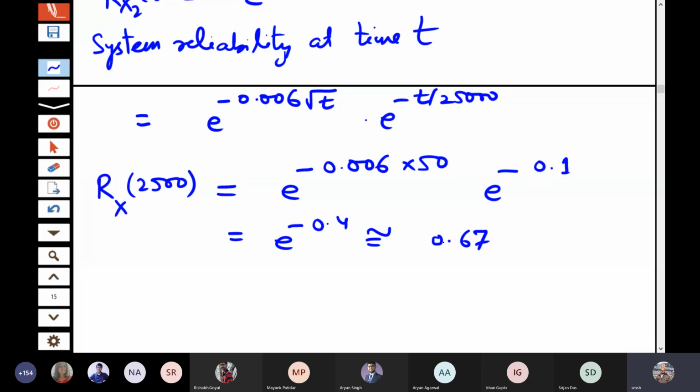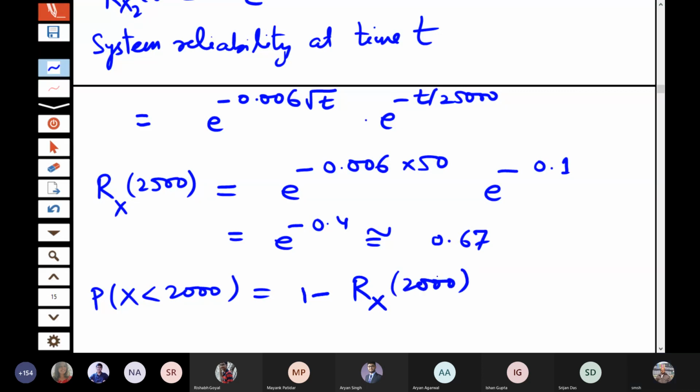Then the second question that is asked is what is the probability that the system will fail before 2000 hours. So the system will fail before 2000 hours with probability 1 minus the reliability of the system at 2000 hours. We have already calculated this. In place of t, you just put 2000 there.